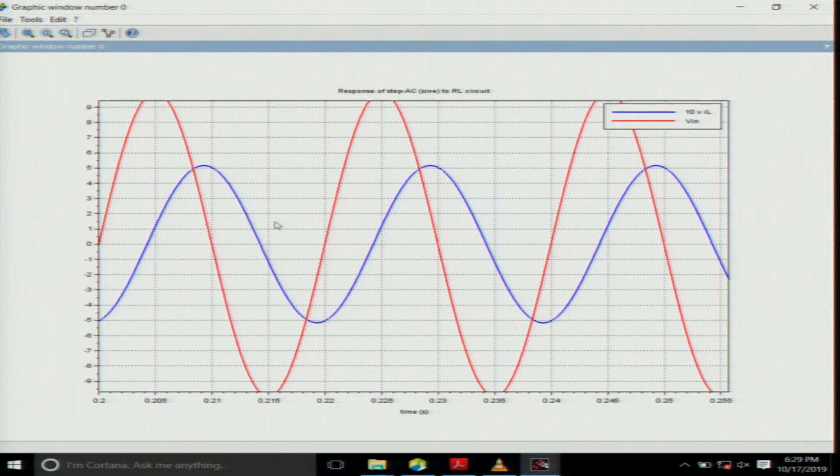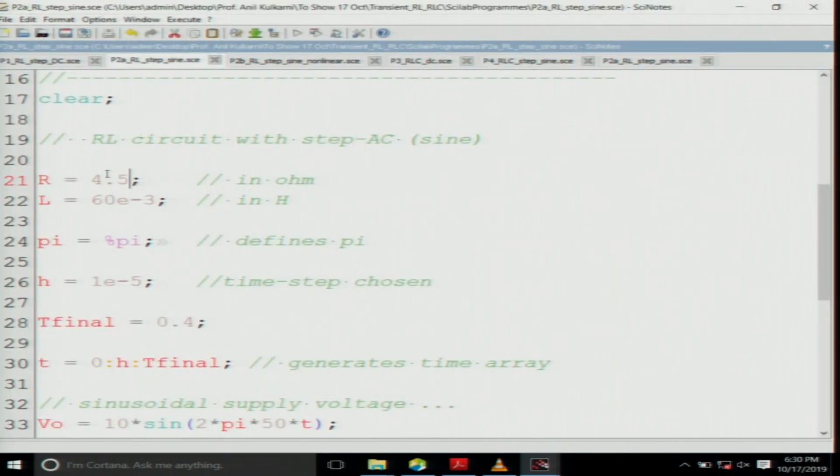If we reduce the value of R to its old value, we better note it down, 0.005 seconds, yes.